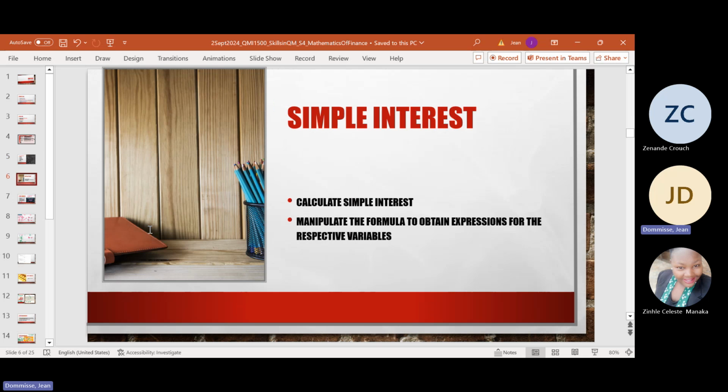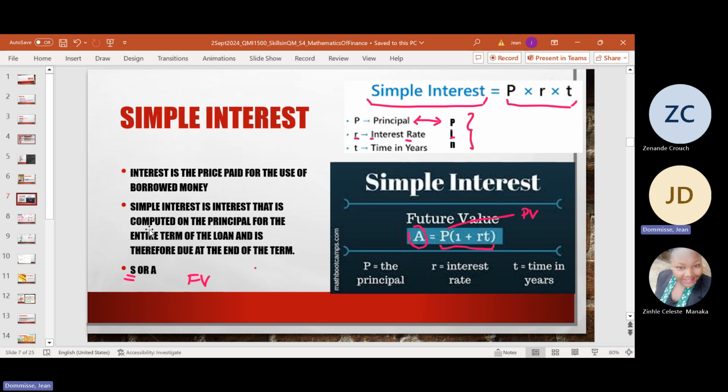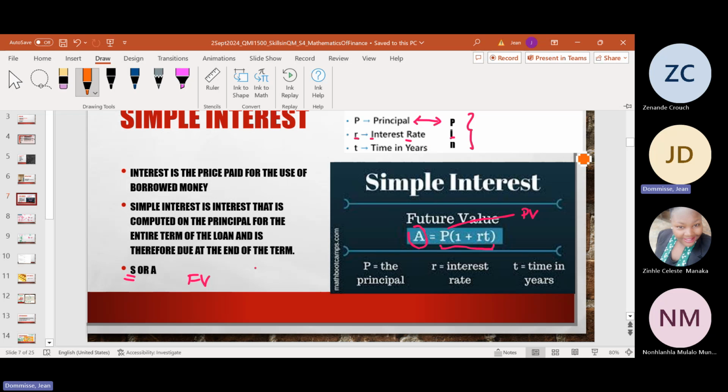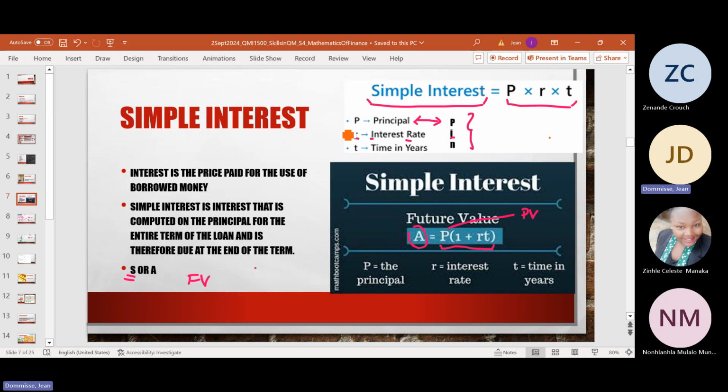So last week we looked at simple interest. We looked at the different formulas for simple interest. So whenever you might be Googling or going to YouTube and look at different videos around simple interest, just remember, as we've done last week, there are different formulas that different books, different channels, different videos will be using.